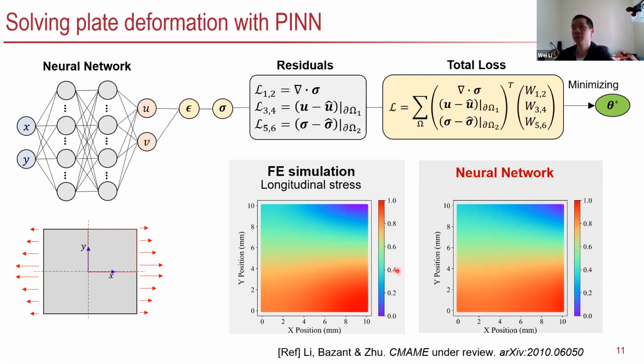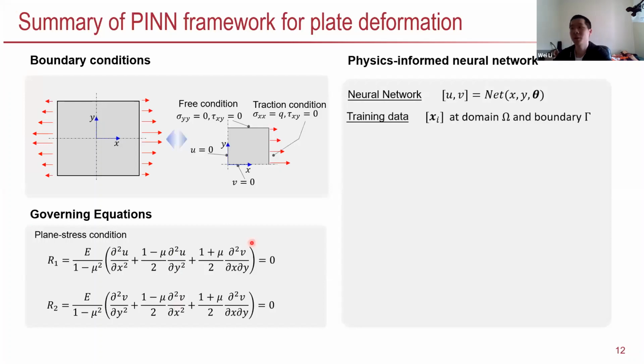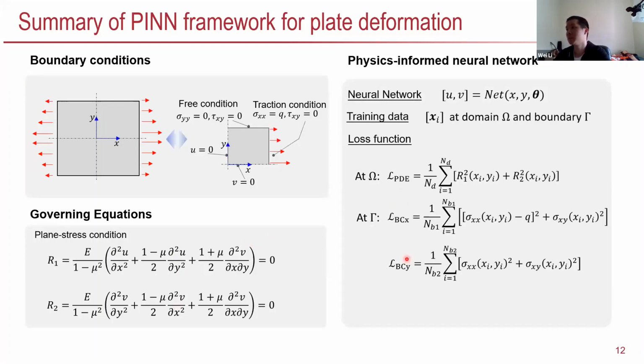We can see there's a good match. So since this method works for this 2D solid mechanics case, here are more details about this method. I will probably quickly skip this.